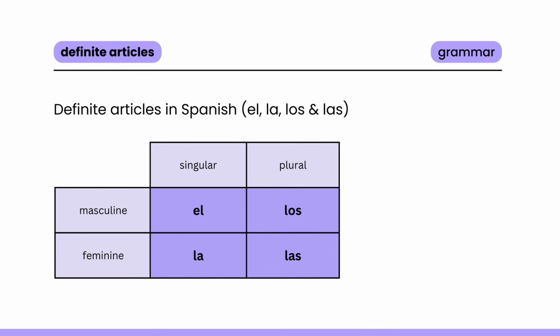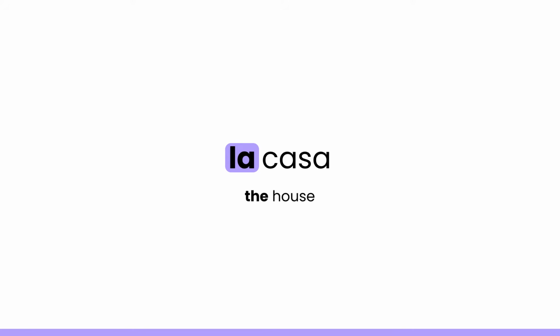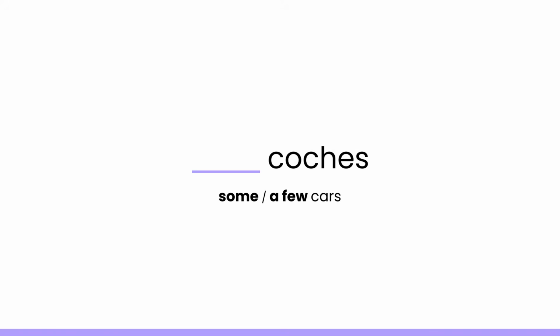Now, there's actually something that we haven't talked about yet, which is that up until this point, we have said the car or the house. But what if we want to say a car or a house or some cars and some houses? That's because these are called indefinite articles.